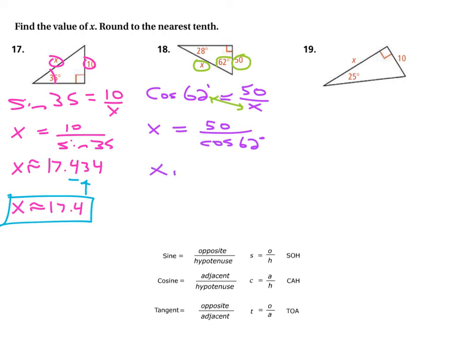Okay. Now I'm going to say x is approximately equal to, and we're going to type this in on your calculator. You're going to type 50 divided by cosine 62, close the parentheses, equals, and you get 106.50 something. Okay, 106.50.